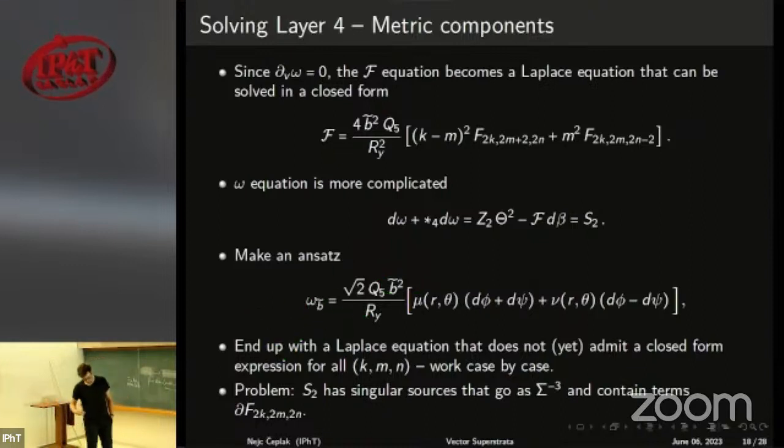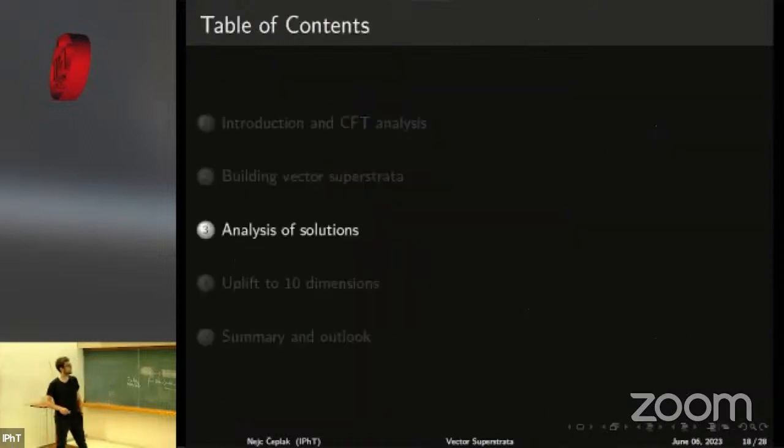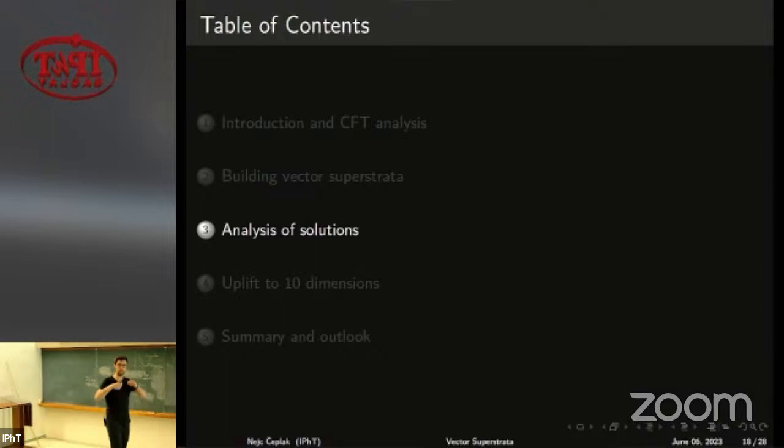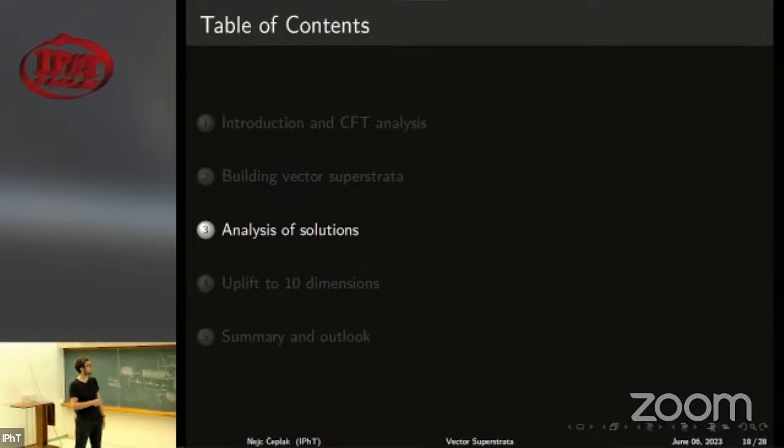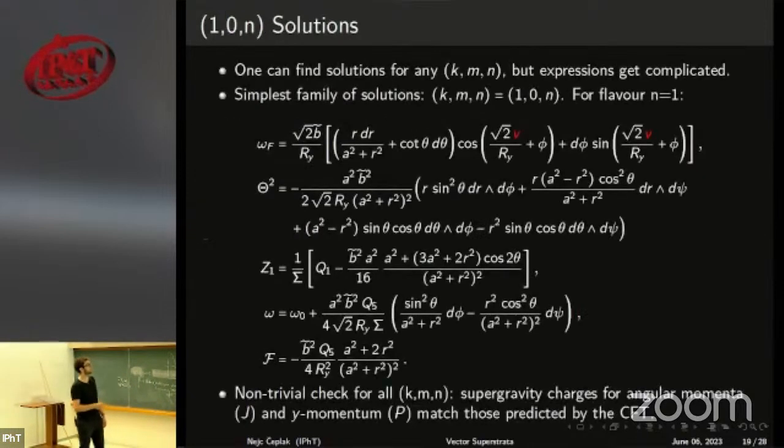That's fine because it doesn't spoil the metric. Now this gives you a very systematic procedure for how to solve these differential equations, but for general K, M, and N, this doesn't tell you anything important. Now let us see what the solution looks like for a particular case.